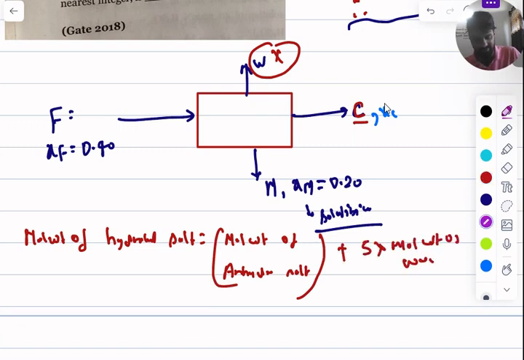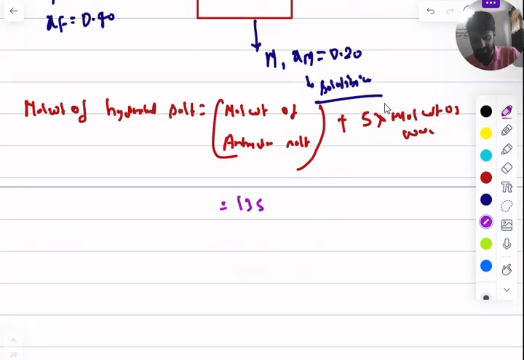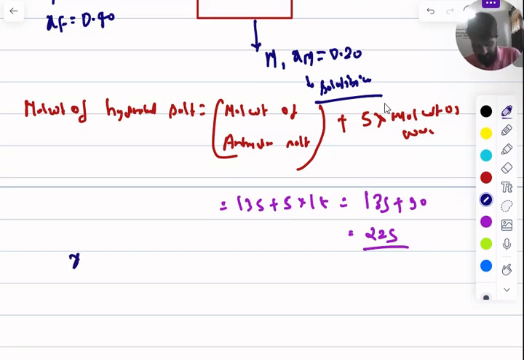These things you would be knowing from class 12 only. This is 135 plus 5 multiplied with 18. So this will give you 135 plus 90, so 225. Is that clear?